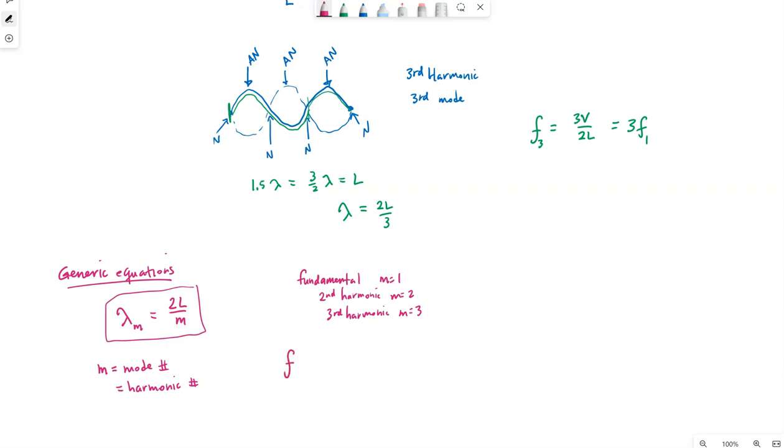Another is to say that since we know frequency is speed over wavelength, the frequency of the mth harmonic would be the speed of the wave over this wavelength, which ends up giving me mv over 2L.